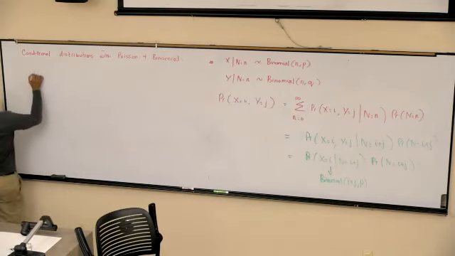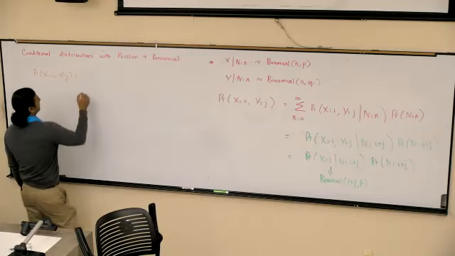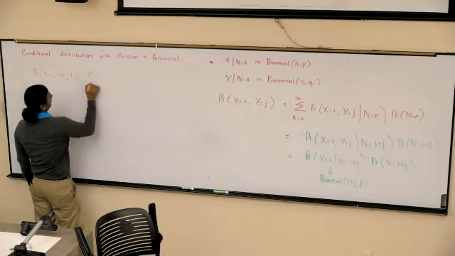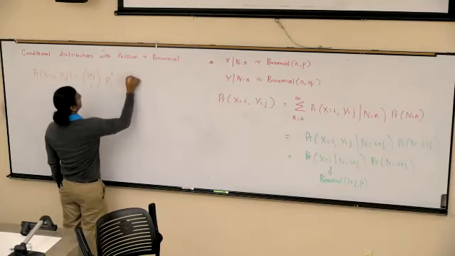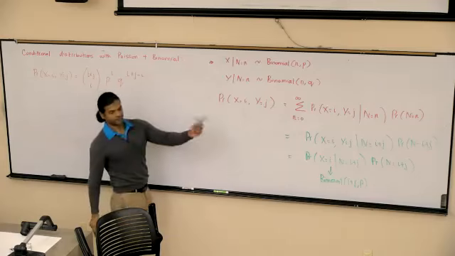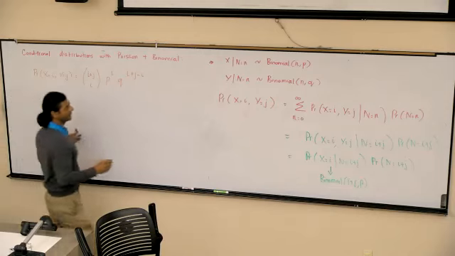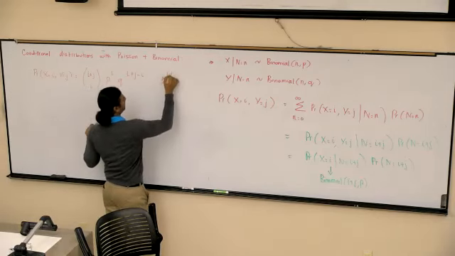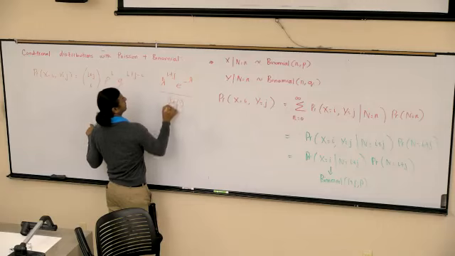So I could write the joint distribution: i plus j choose i, p raised i, q raised i plus j minus i, times Poisson evaluated at one single value, i plus j, so lambda raised i plus j, e raised minus lambda, divided by i plus j factorial. That's all.